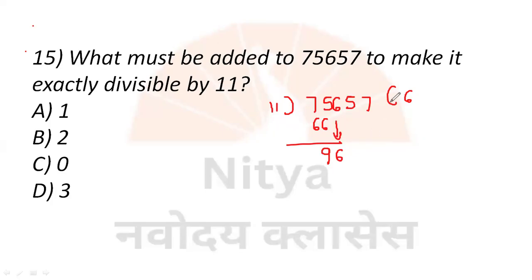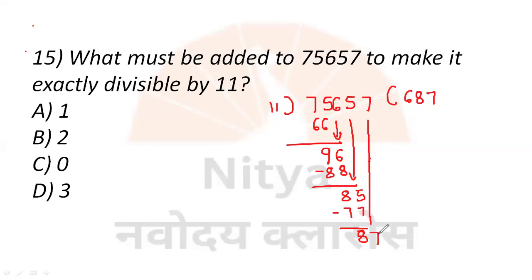So 11 8s are 88. So 96 minus 88 is 8, and bring down 5, and 11 sevens are 77. 85 minus 77 is 8, and bring down the 7 again.